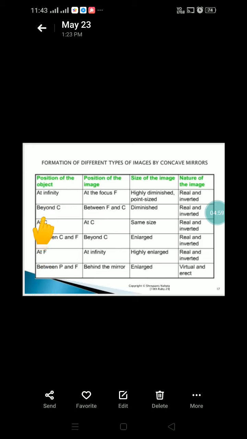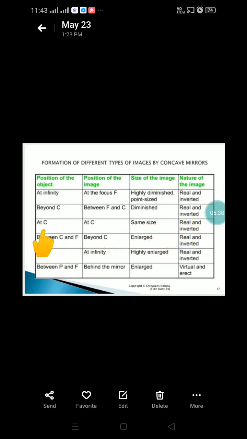First, if we place the object at infinity, the position of the image is at focus, and the properties are highly diminished and point sized, and the image is real and inverted. Next case, if it is placed beyond C, the image will be formed between F and C. The properties are it is diminished, that means the image is smaller than the object, and again it is real and inverted.